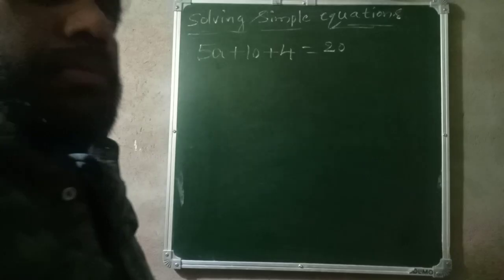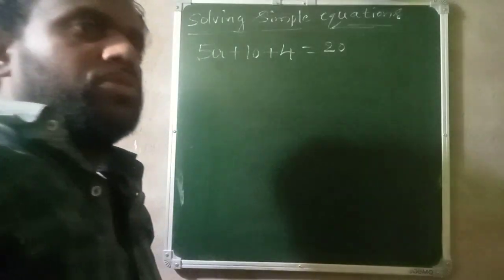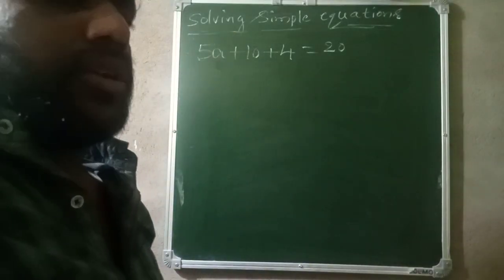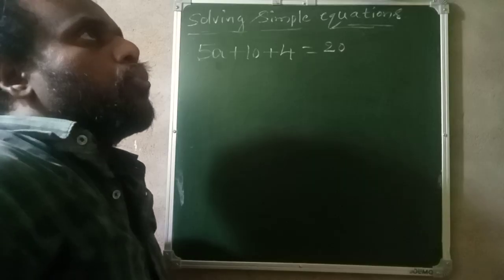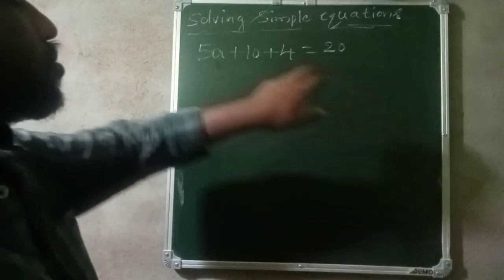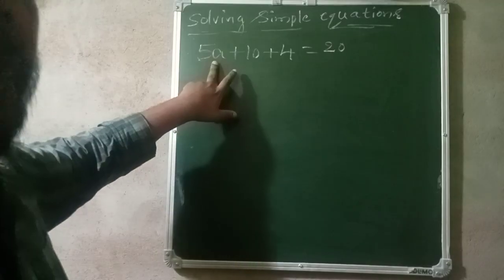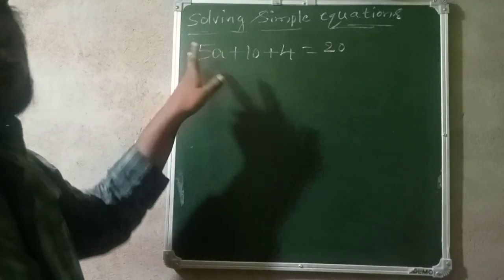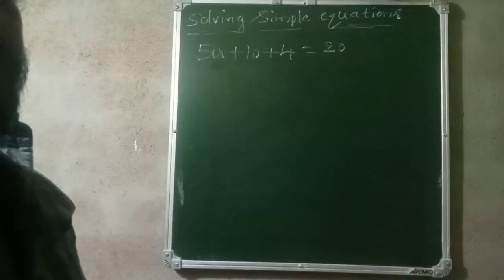Usually in maths a variable is a letter, an alphabet letter. Here the variable is the letter A. We have to find the value of that A.